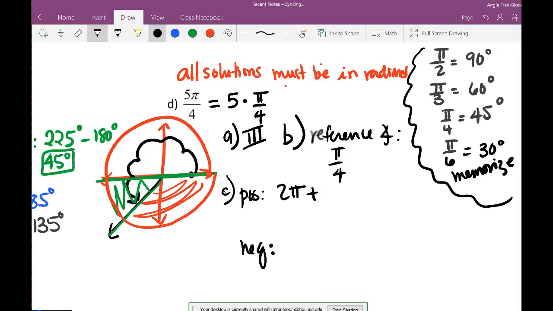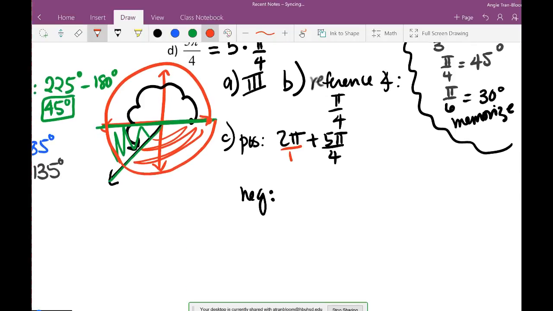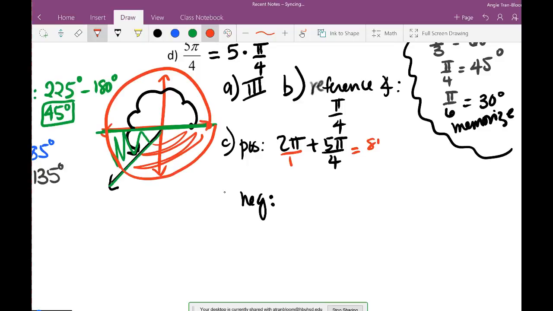Beautiful. Plus, what's my original angle? Common denominator or no? I have to, don't I? What's my common denominator, class? 4. So this is going to be 8 pi over 4 plus 5 pi over 4, which equals how many radians? 13 pi over 4 radians. So that's my positive.